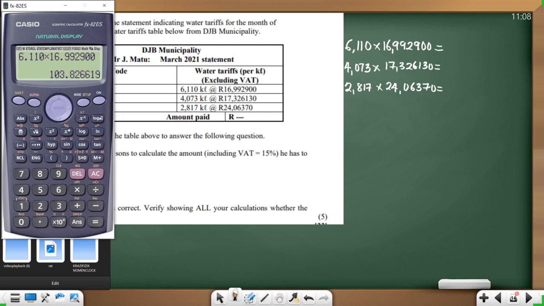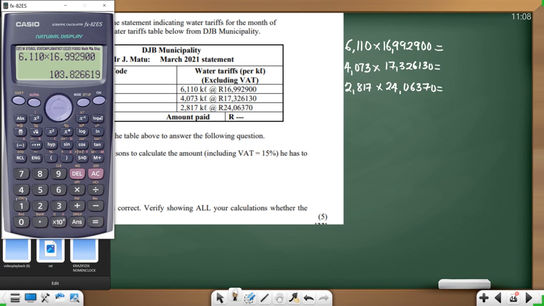Don't round off quickly yet. Write the whole value. We will round off only when we are done with our calculations. Please, once you start rounding off, you'll be moving far away from the answer. So write the answer the way you have it.